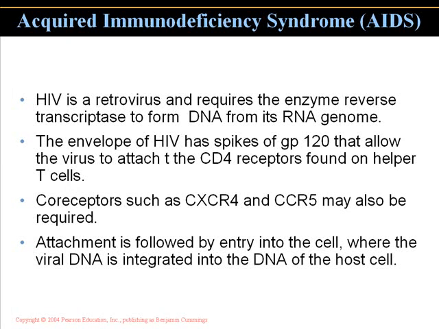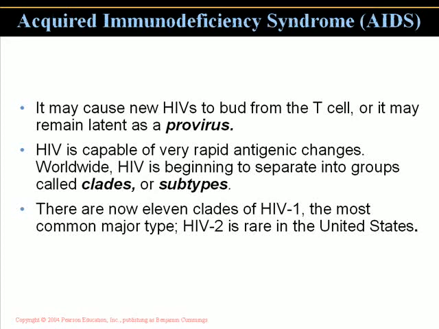There are also co-receptors such as CXCR4 and CCR5. These also may be required for such infections. Attachment is followed by entry into the cell, where the viral DNA is integrated into the DNA of the host cell. It may cause new HIV infections by budding from one T cell, or it may remain latent as a provirus.